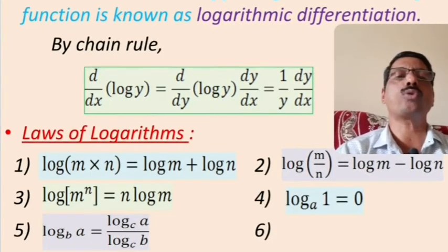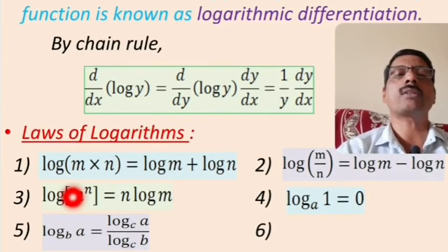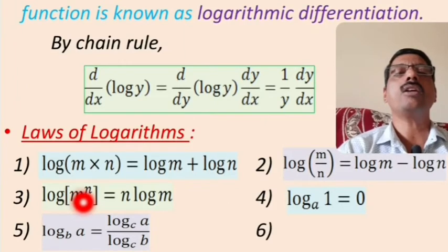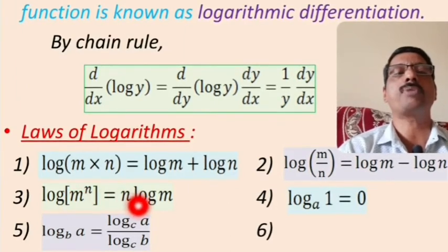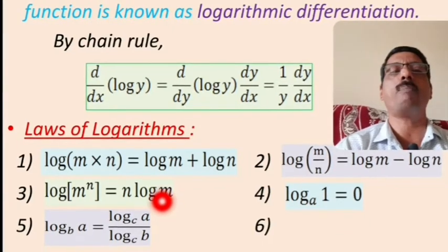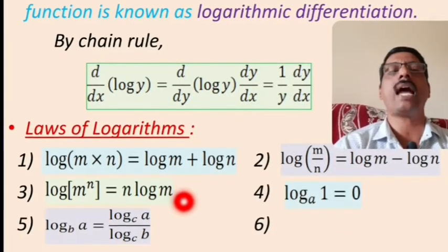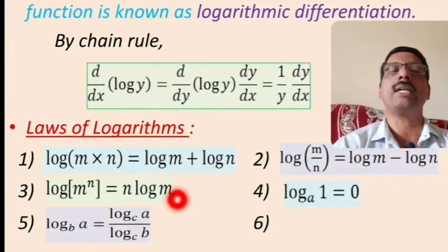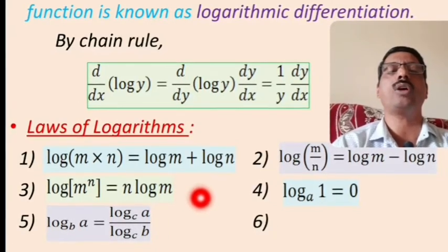That means in the given function the base is b, but if you want to change the base from b to c, then the change of base law is applicable, and that is log of a to the base c divided by log of b to the base c.